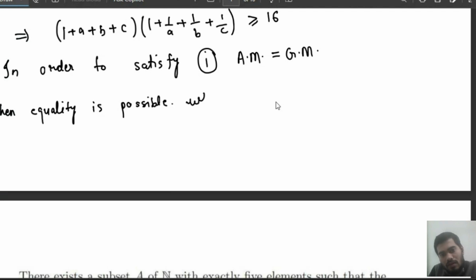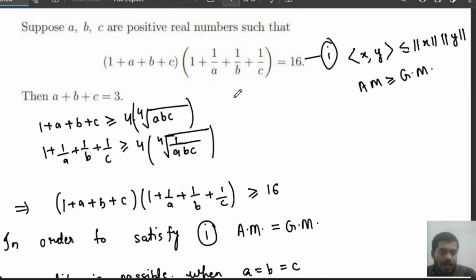When A equals B equals C, right? So if I plug in A equals B equals C, what will we get? (1 + 3A)(1 + 3/A) is equal to 16.